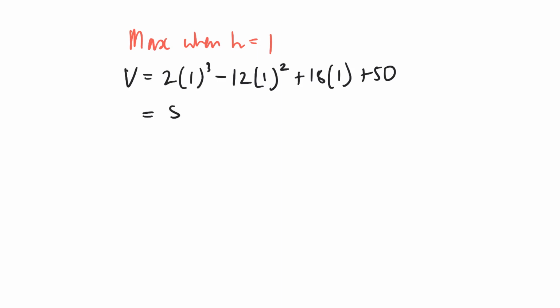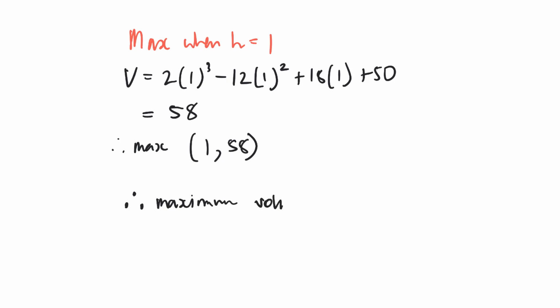That's going to give us a value of 58. If we're thinking about our curve sketching from before, we have a maximum at 58. And to answer our actual problem, the maximum volume of the pond is 58 cubic meters. Done.